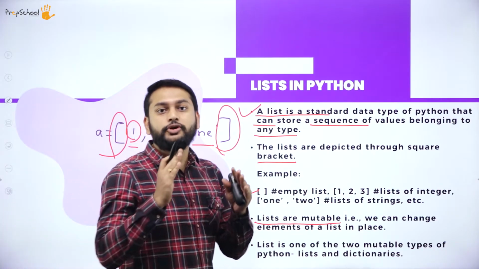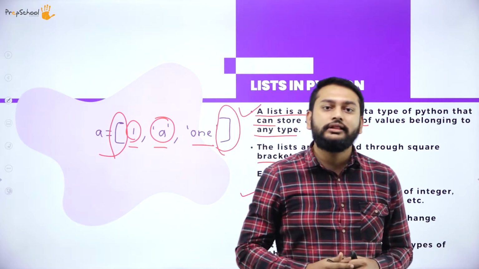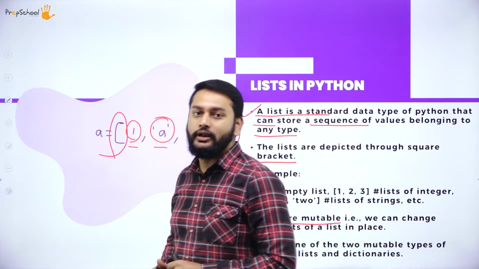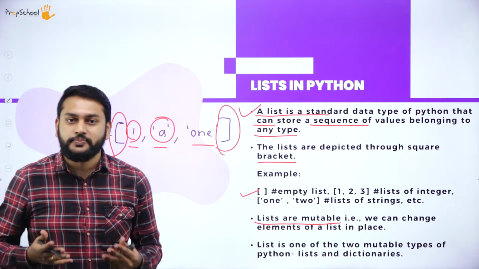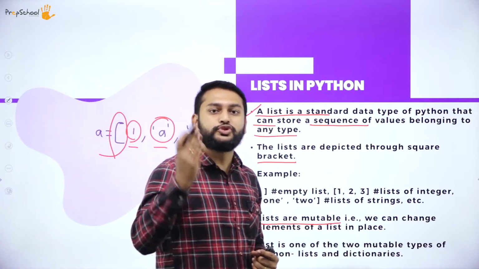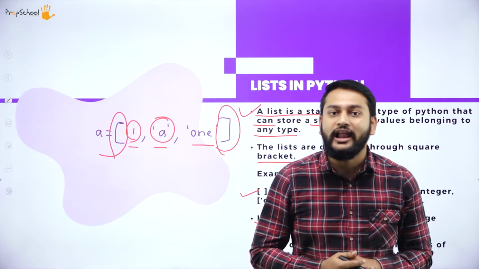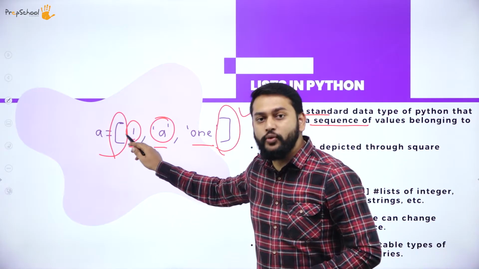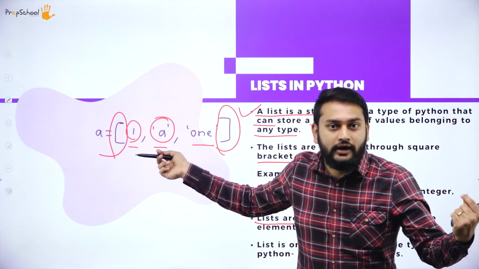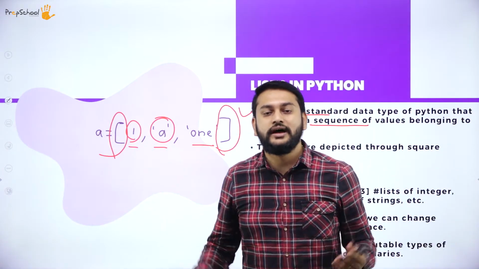If I am able to do that, then I will call that list mutable. But when it comes to a string, it is not mutable. I am not supposed to change or replace any of the values in the string. But if I want to replace 1 with 2 in a list, I can do that, right? That is what I will call mutable.